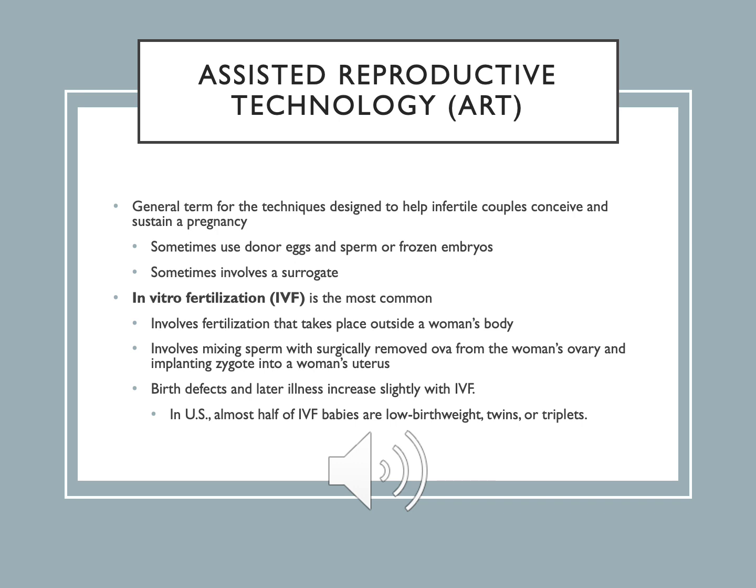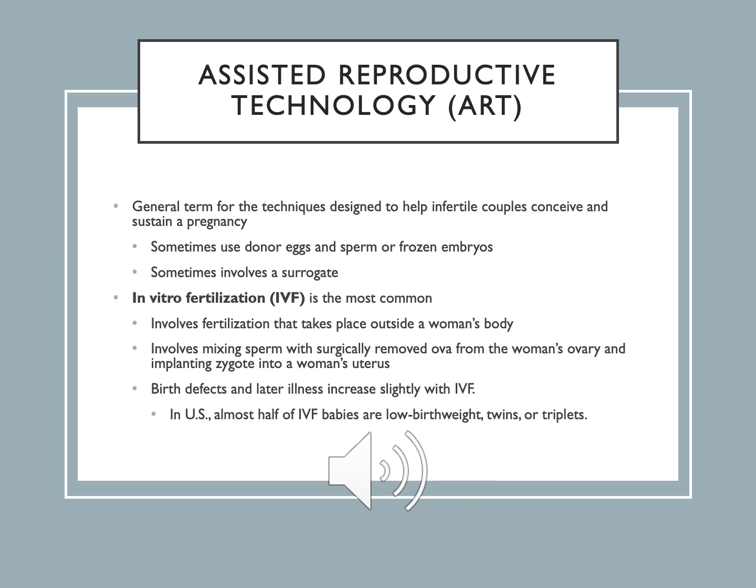The most common form of reproductive technology is in vitro fertilization. You can think of this as something that takes place outside of a woman's body, within the lab. We take the sperm and the egg and put them together in a petri dish, and when you mix them up, this is when we can create the zygote.